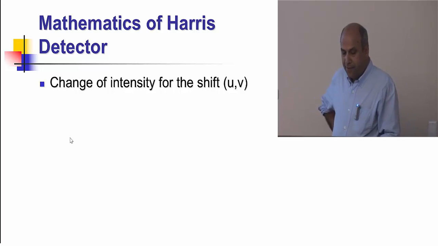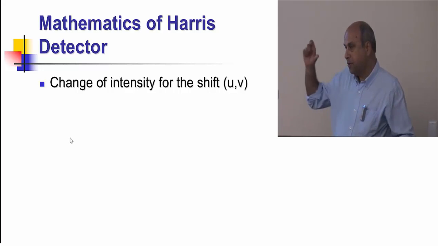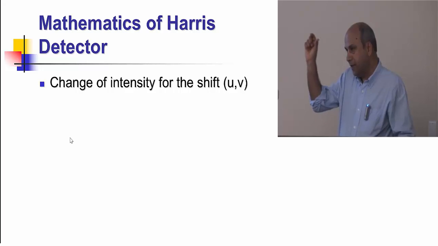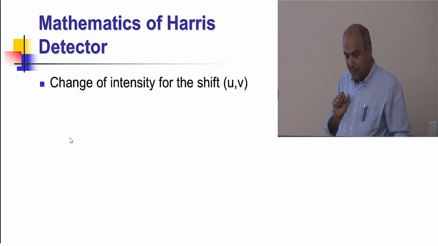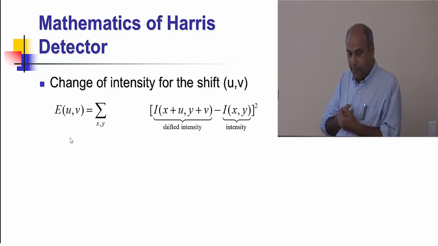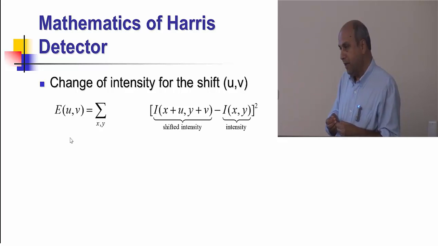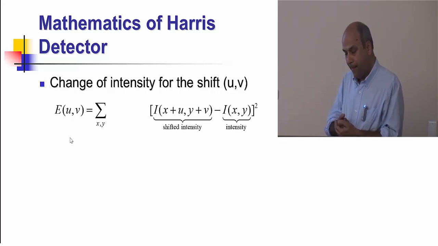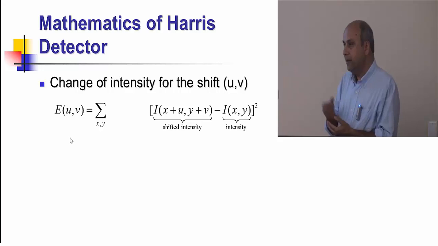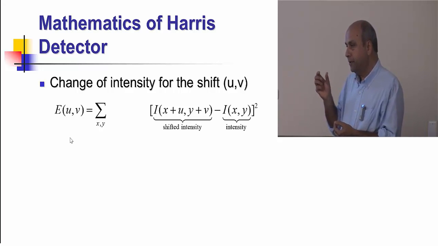So, change of intensity for the shift. As I showed you, we were shifting these windows to find the right one, and that's what we are going to do. We look at an image I, and the intensity value there is I(x,y), and we look at another window shifted by amount u in x and amount v in y.